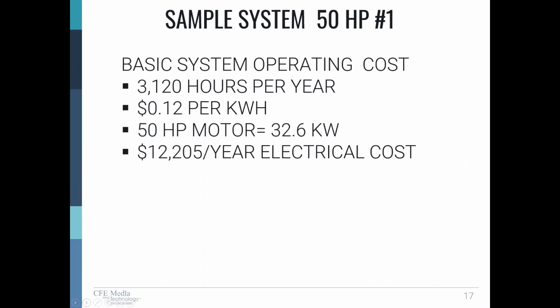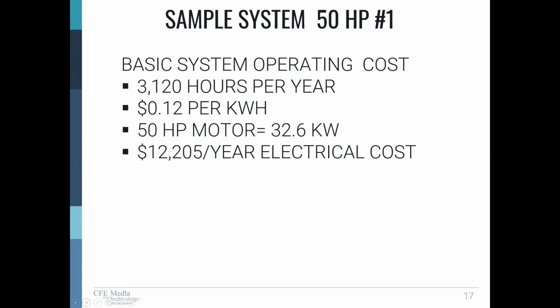The basic system operating cost is based on 12 hours a day, 5 days a week, for 52 weeks out of the year, which is 3,120 hours per year. If your particular system operates more days per week or more hours per day, then obviously it would adjust things upward.